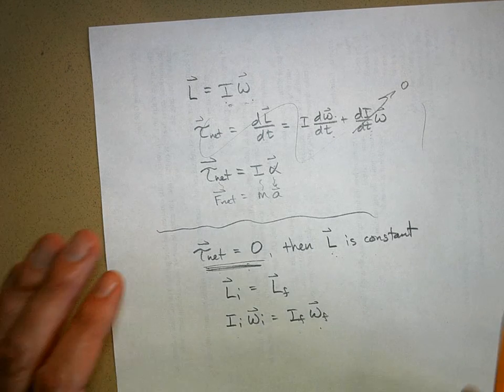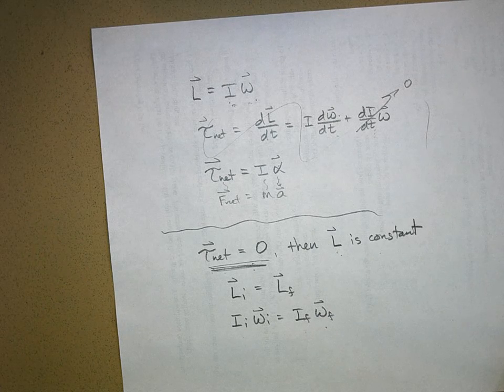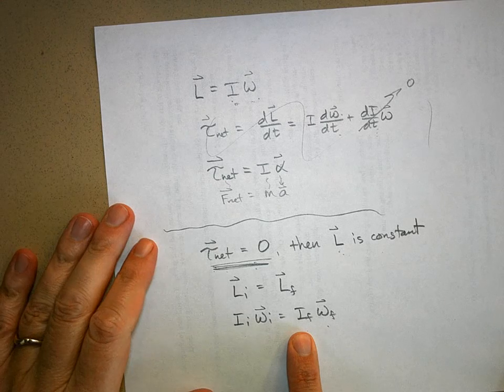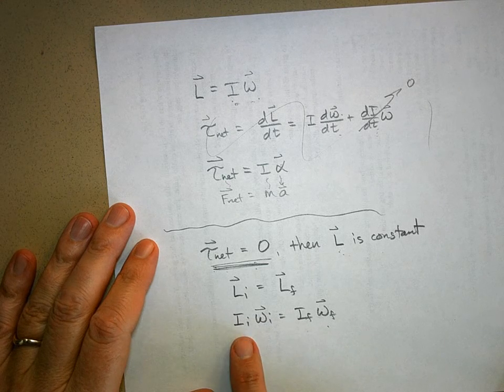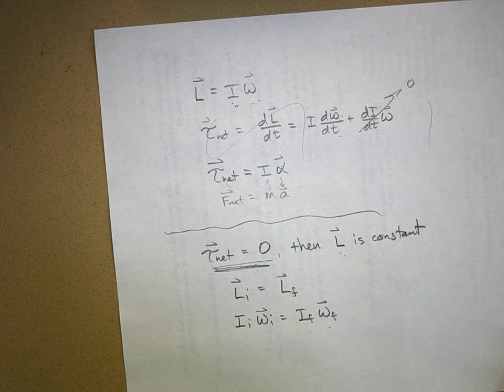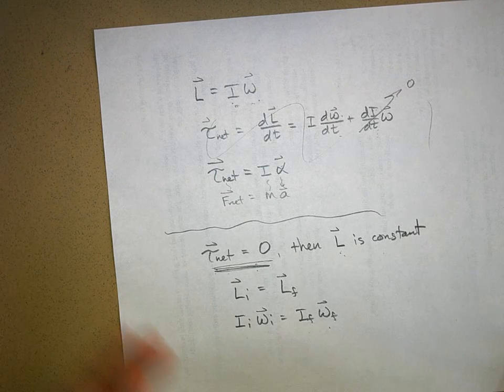And this is what happens when an ice skater or a dancer pulls in his or her arms and legs closer to the axis of rotation. They spin faster. They have to, because the product of rotational inertia and angular velocity has to be constant. That's conservation of angular momentum.